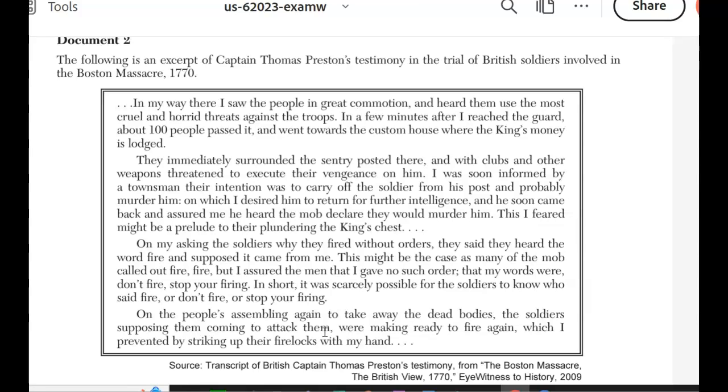Their captain tells them, stop, stop, stop. When the crowd surges back again to grab the people who've been wounded, the soldiers are getting ready to fire, and the captain goes in and knocks their rifles up, right? Striking their firelocks with my hand, he says. So pushing the rifles up, saying, no, no, no, in the air, don't fire, don't fire. So this is the captain's own version of what happened.